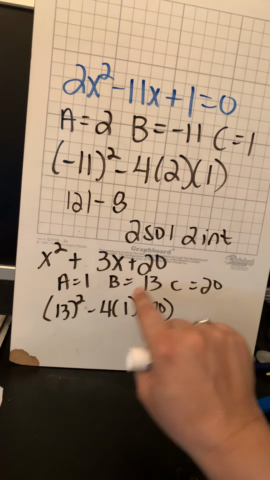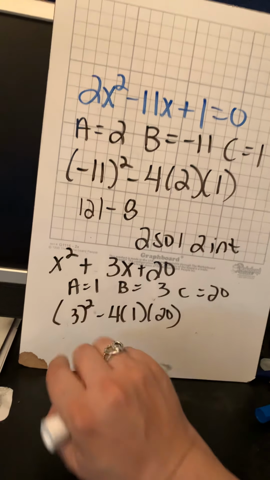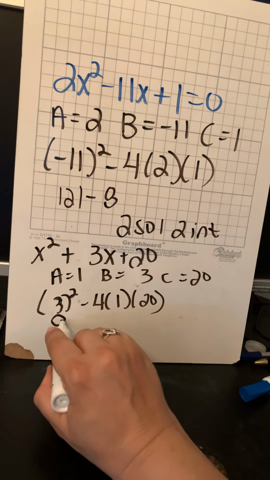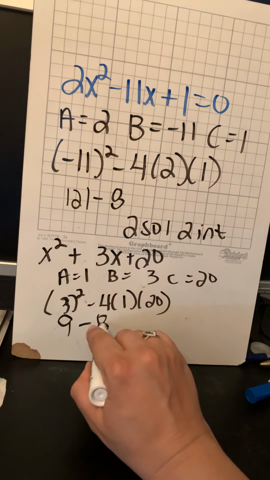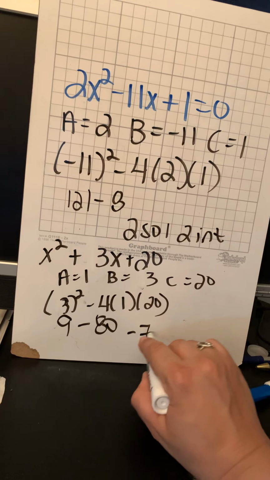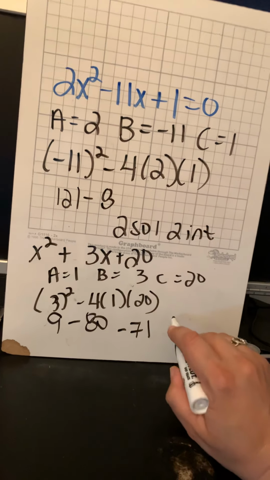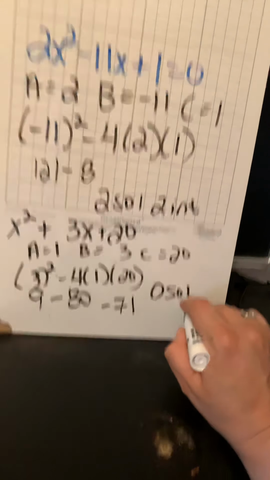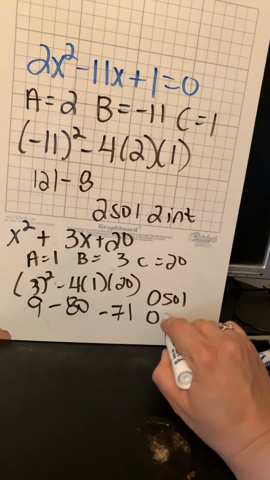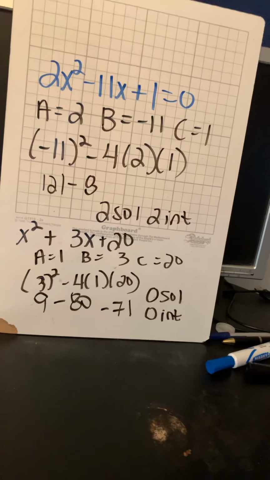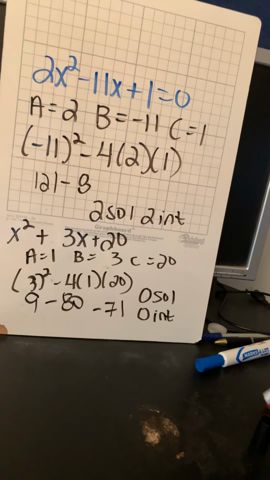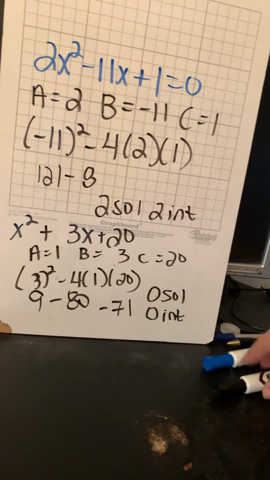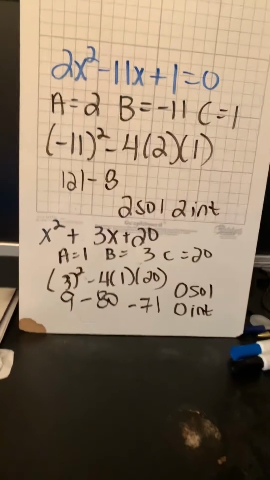So now we got 9 minus 80. Well, that's going to be negative. So therefore, we have 0 solutions, 0 intercepts. Okay, and again, if it equals 0, right off the bat, you have one solution, one intercept.